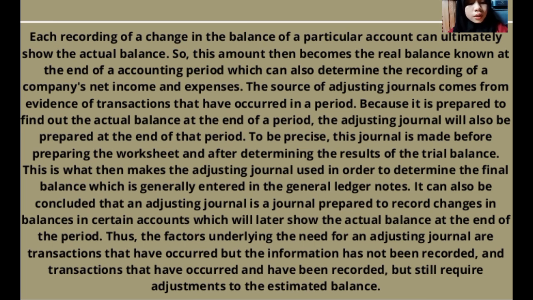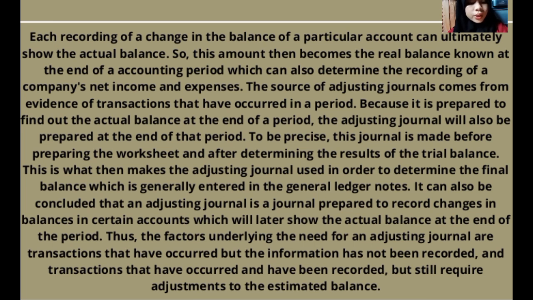The adjusting journal comes from evidence of transactions that have occurred during the period, because it is prepared to find out the actual balance at the end of the period.